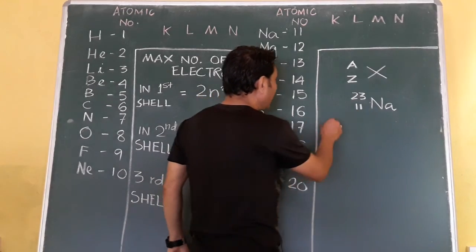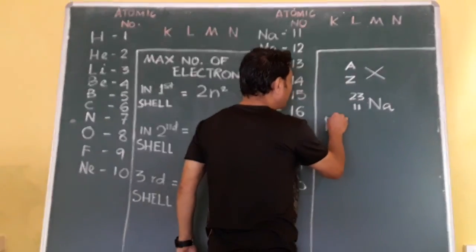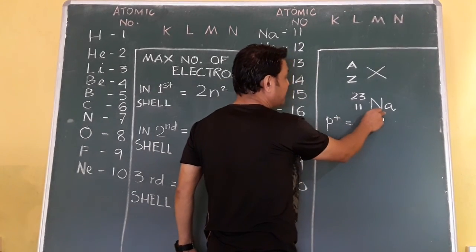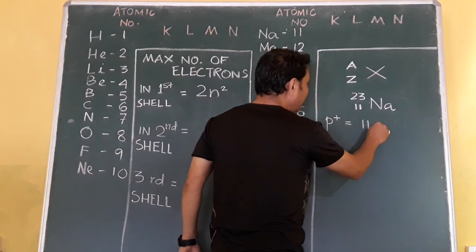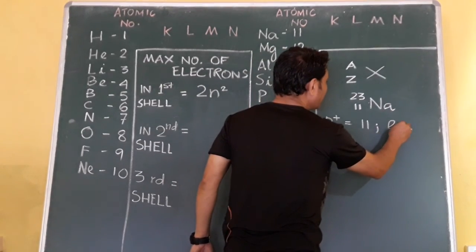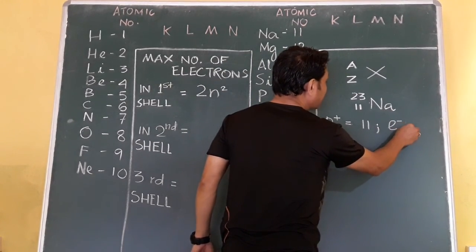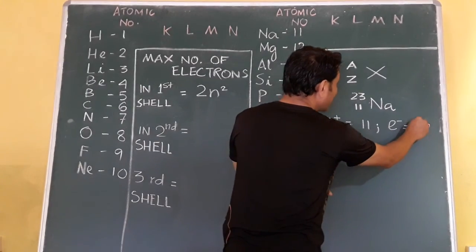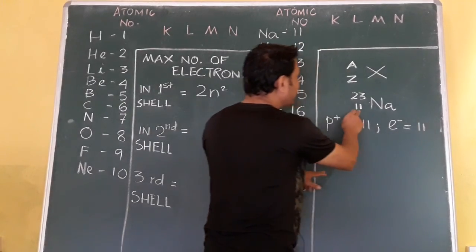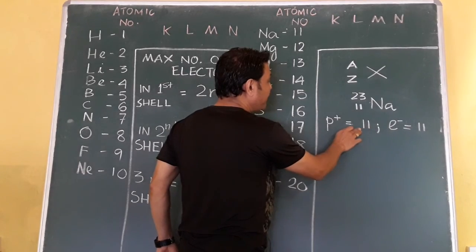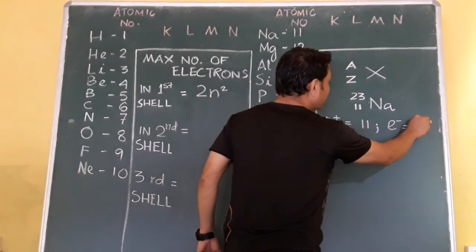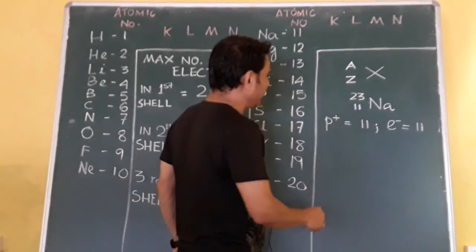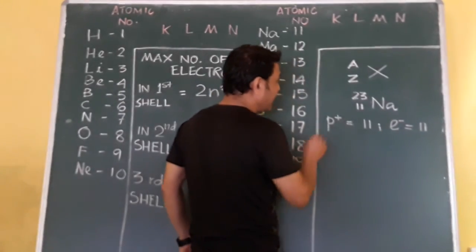That means the number of protons in the sodium atom is 11. Similarly, the total number of electrons in the atom of sodium is also 11, because atomic number represents the total number of protons and the number of electrons in the atom of that particular element.